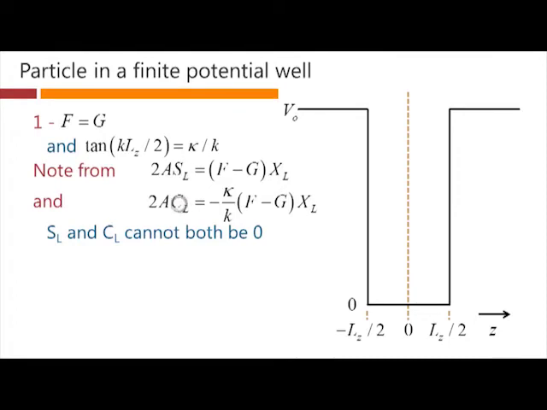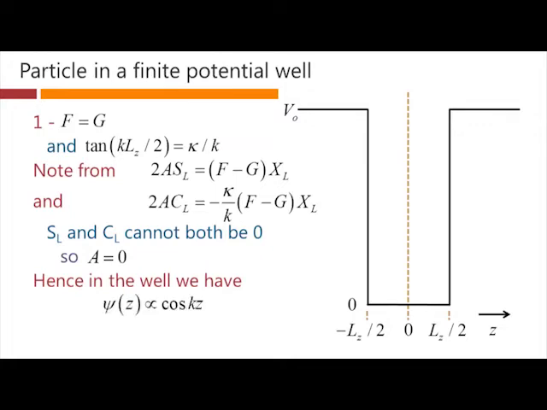If the sine is 0, the cosine isn't 0, and if the cosine is 0, the sine isn't 0. So the only way that these equations can work is if A is equal to 0. Hence, inside the well, A has to be equal to 0. That means the sine part disappears because it was A sin kz plus B cos kz, so we're only left with the cosine kind of wave in the middle of the well.